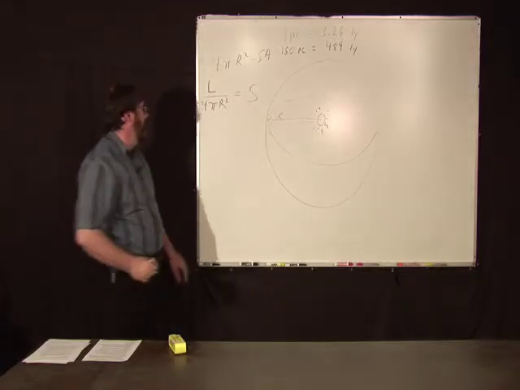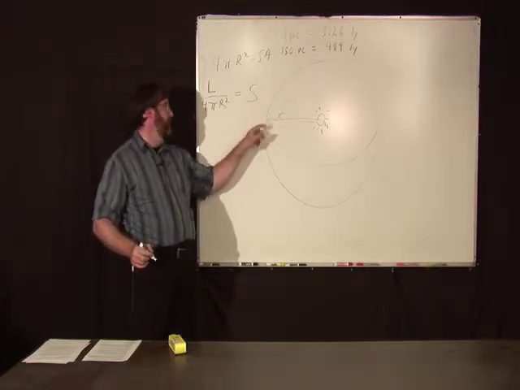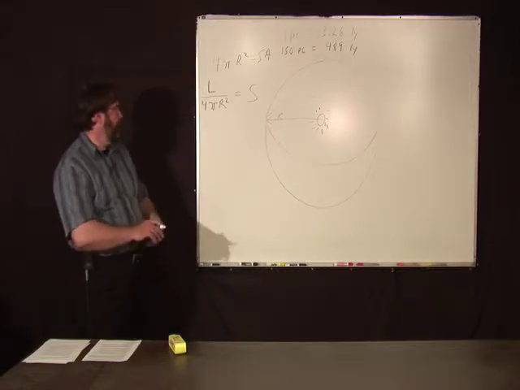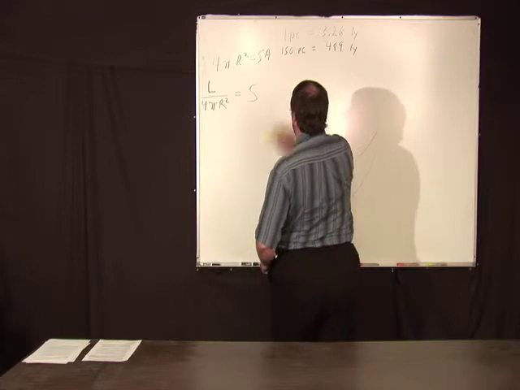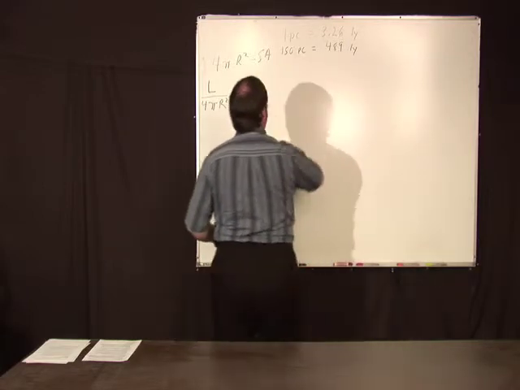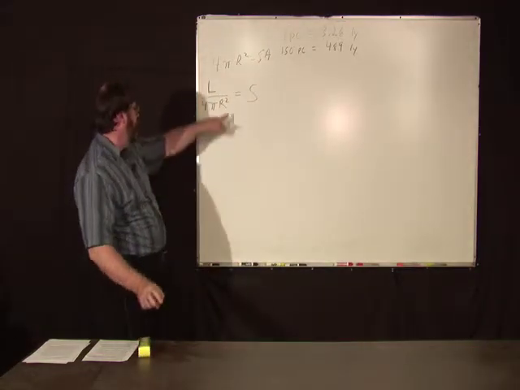We'll call that S. So that's the power per unit area incident on a point. Well, the important thing is that this S here, you can solve for r.